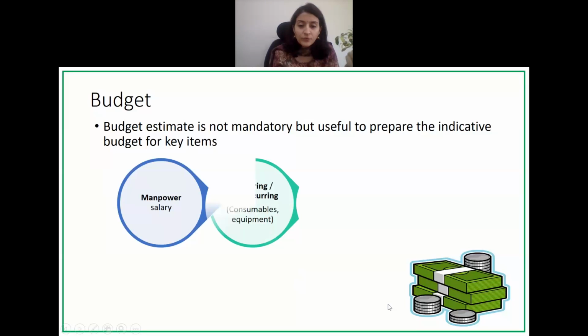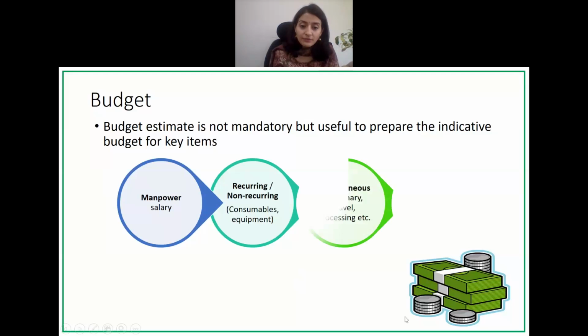Then we need to talk about other recurring and non-recurring costs. So in recurring costs, we would include things which are consumables, for example, reagents or kits or any other disposable plasticware, etc. In non-recurring costs, we have something which you don't have to buy again and again. So it would mostly include equipment.